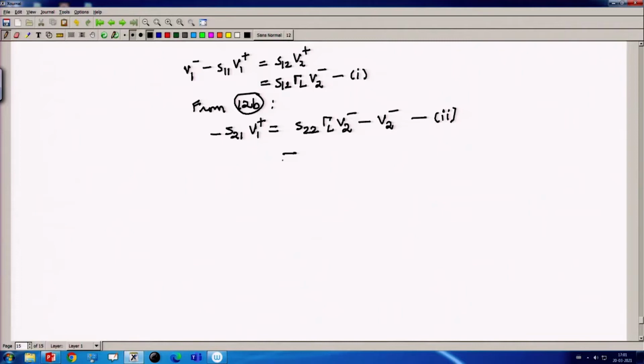So, which will mean V2 minus is minus S21, so we call this 3.